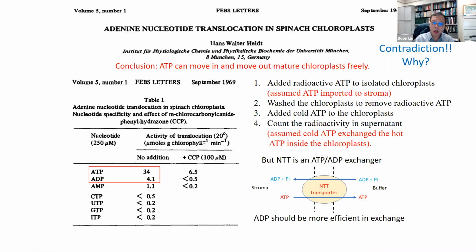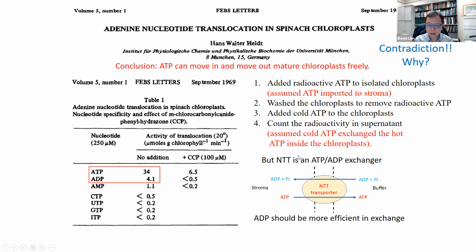Then he washed the chloroplast to remove the radioactive ATP outside, and then he adds some non-radiolabeled ATP. He assumed that the cold, non-radioactive ATP can get into the chloroplast and then exchange the radioactive ATP from the chloroplast so that later he could count the radioactivity in the supernatant.